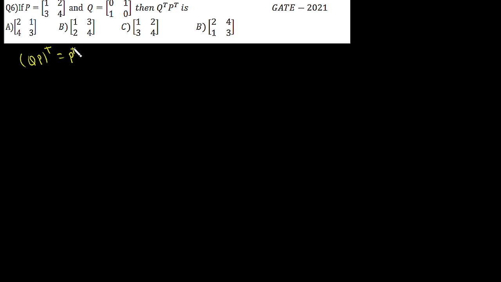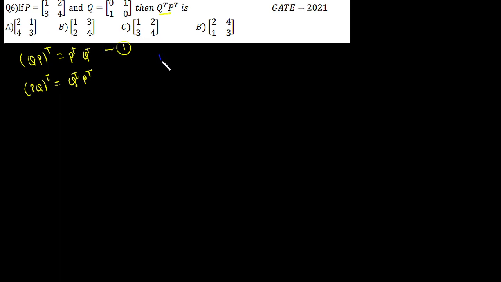So Q transpose times P transpose is exactly the same as the transpose of the multiplication PQ. So you can simply multiply P and Q, and after multiplication simply take its transpose.